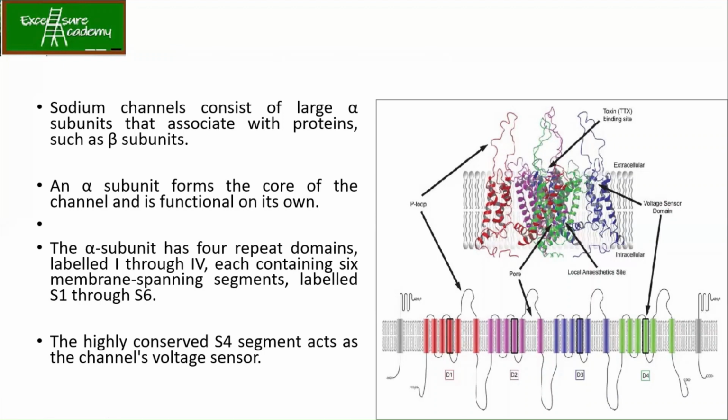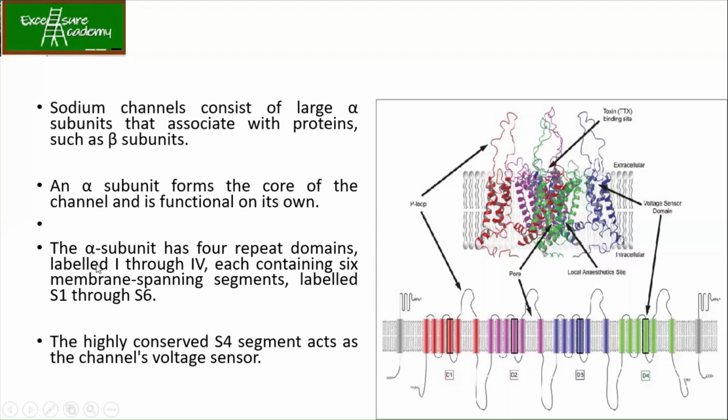Okay, let's go slowly. The sodium channel consists of large alpha subunits that associate with proteins such as beta subunits. The alpha subunit forms the core of the channel and is functional on its own. So which one is your alpha subunit here? I'll show you in the next figure.